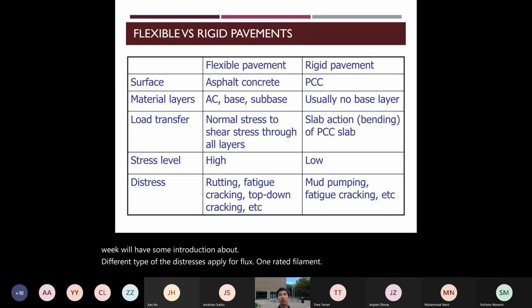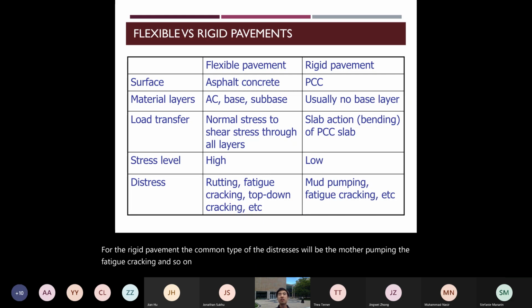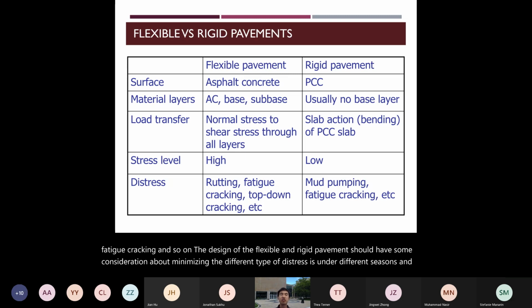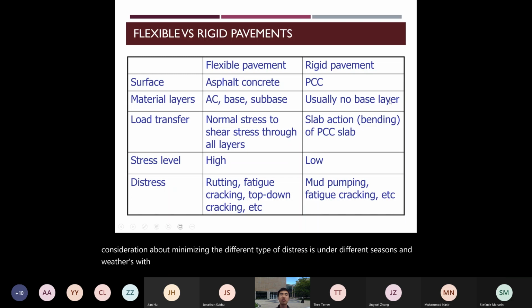For the rigid pavement, the common distresses are mud pumping, fatigue cracking, and so on. The design of flexible and rigid pavement should consider minimizing all the different types of distresses under different seasons and weather with different loads.